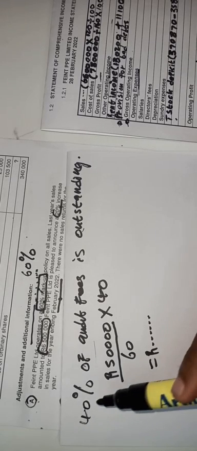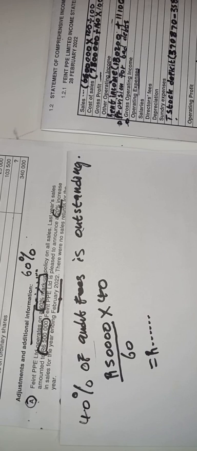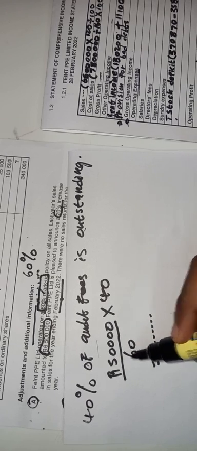Here, what did I make an example of? I said 40% of the audit fees is outstanding. We multiply by outstanding, and we divide by the one that we paid.